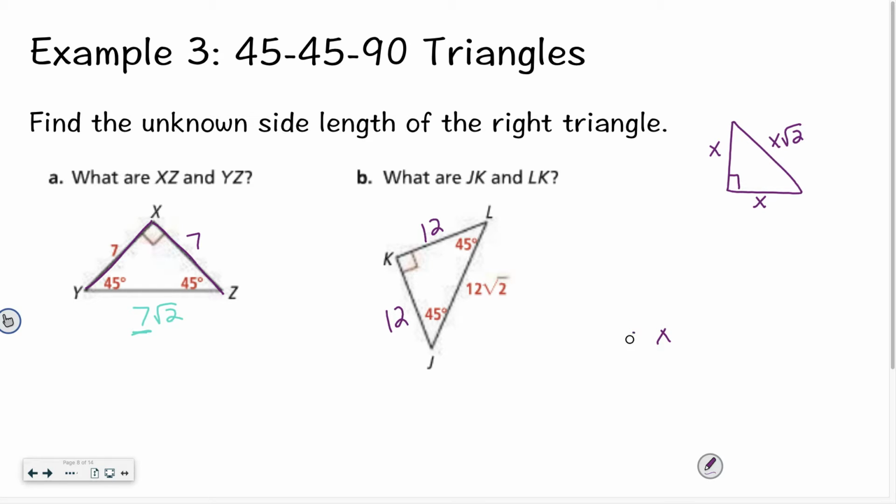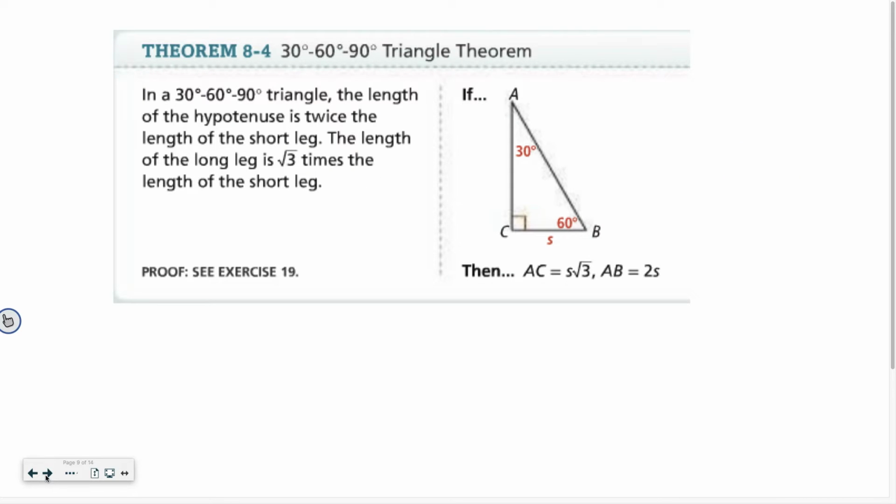Hopefully that doesn't seem too bad, but I want you to try one actually later. Let's look at the other triangle first. So Theorem 8.4 is all about a 30, 60, 90 triangle.